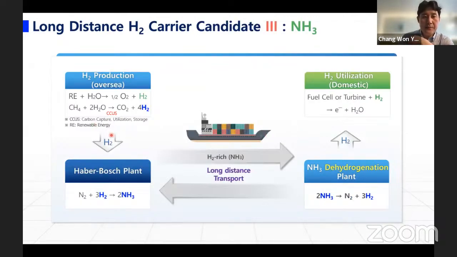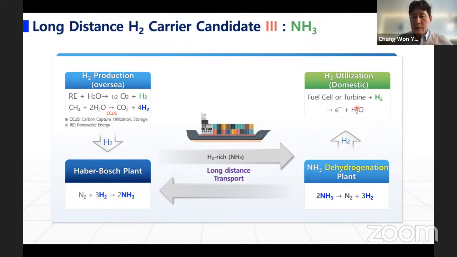The concept is the same: produce CO2-free hydrogen, and at the hydrogen production site, the Haber-Bosch reaction proceeds to produce ammonia. Ammonia is readily transported, and at a hydrogen utilization site, the hydrogen chemically stored in the form of ammonia will be released by chemical reaction.